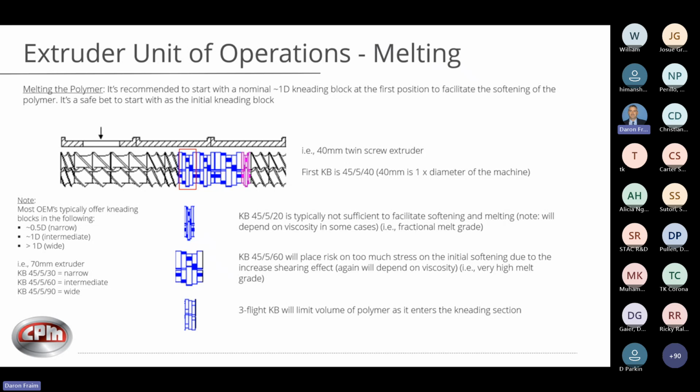It is exactly 1D, being a 45-540. And normally we recommend starting with that nominal middle of the road kneading block. Unless you understand your application well and say, hey, I can get by with a different size. It's not a showstopper if you don't.